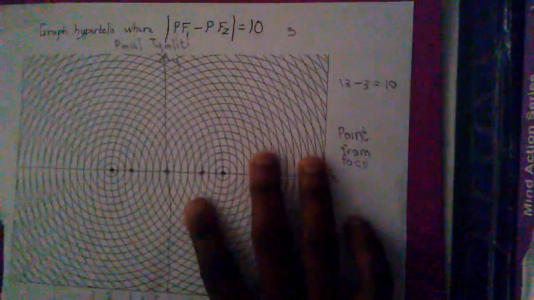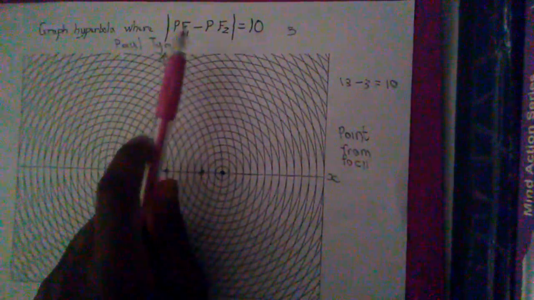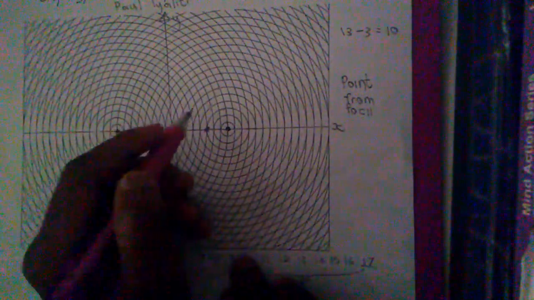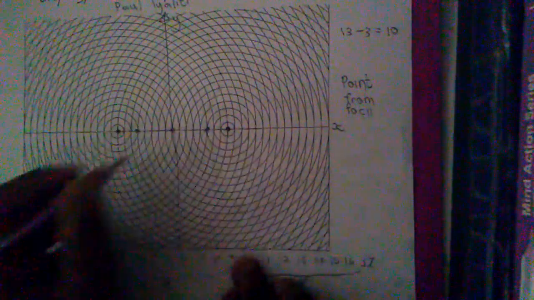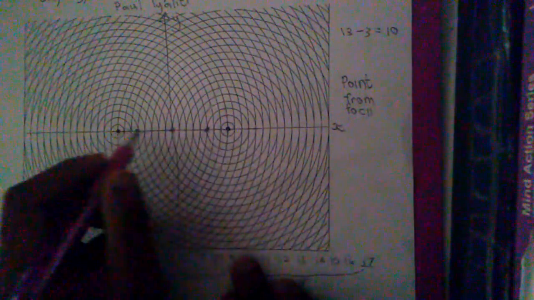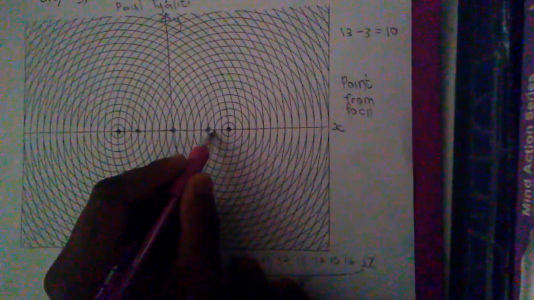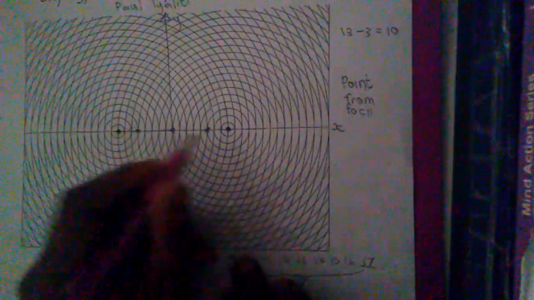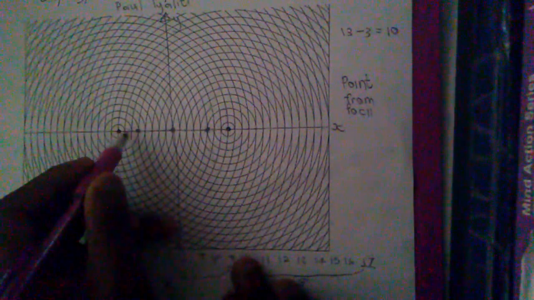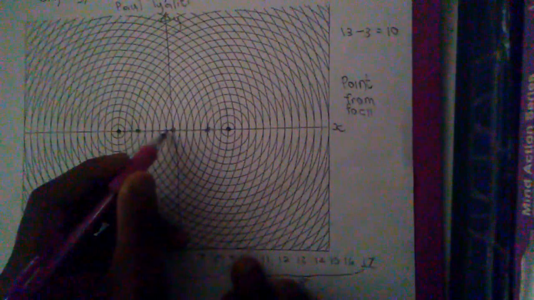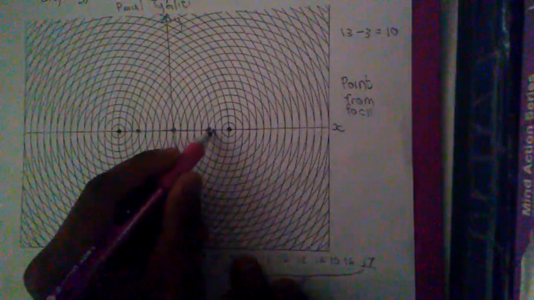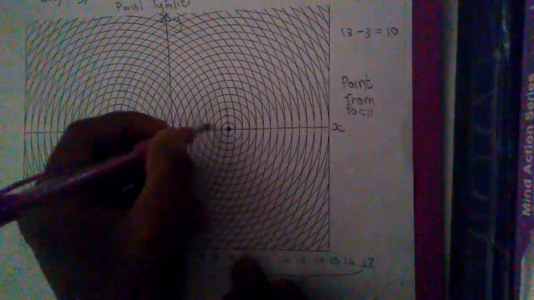And so from there, let us look for other numbers that will meet this condition of PF1 minus PF2 equals 10. Let's try, let's say, 14, 4. If we count the distance from this foci up to this point over here, 1, 2, 3, 4, 5, 6, 7, 8, 9, 10, 11, 12, 13, 14, I'll find that it's 14 units away from foci 1.